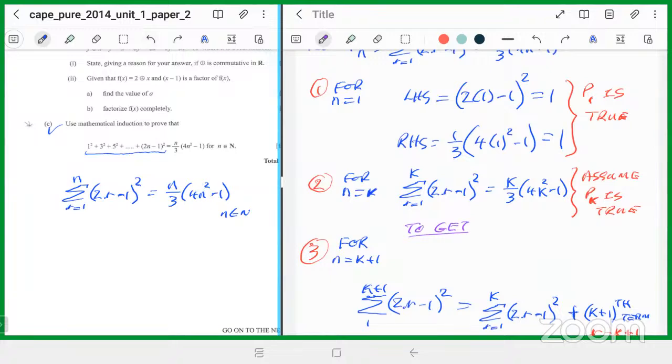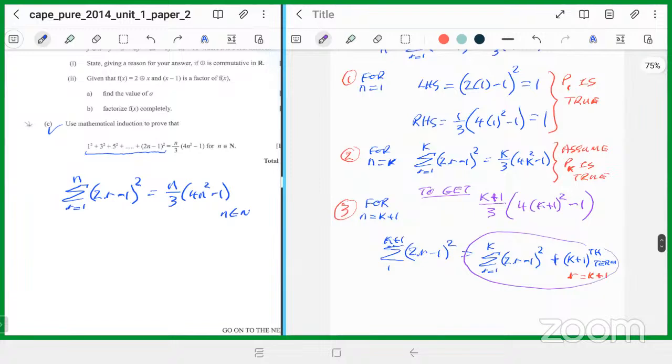So I'm supposed to get (k plus 1) over 3 bracket 4 times (k plus 1) squared minus 1. This is what I'm supposed to get. So this whole expression right here is supposed to work out to that. So I know what I'm working towards.